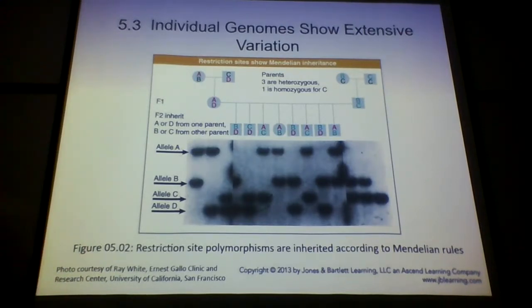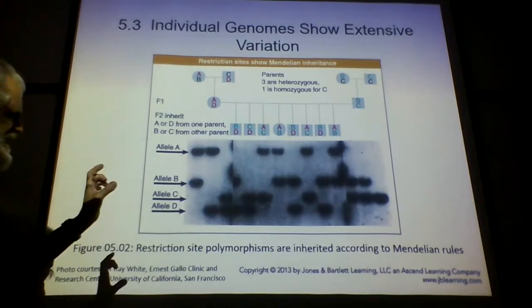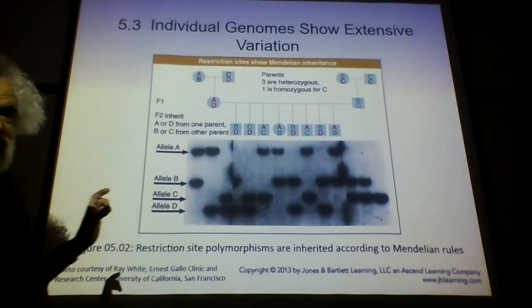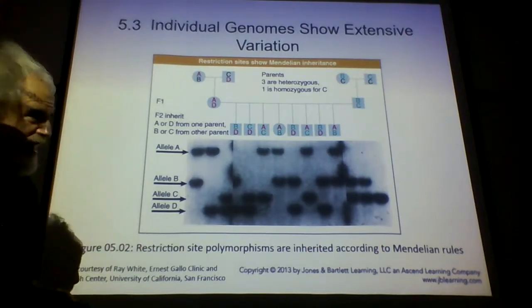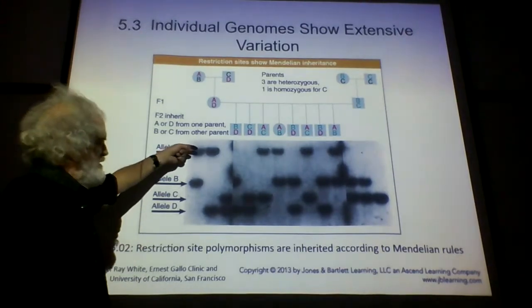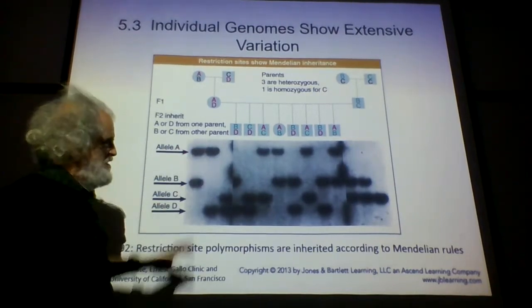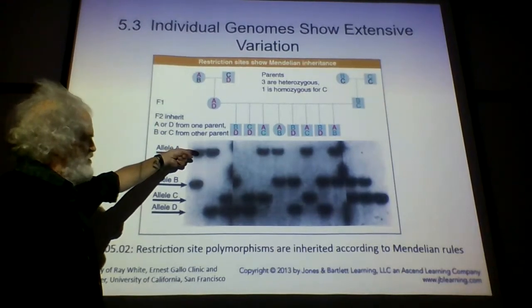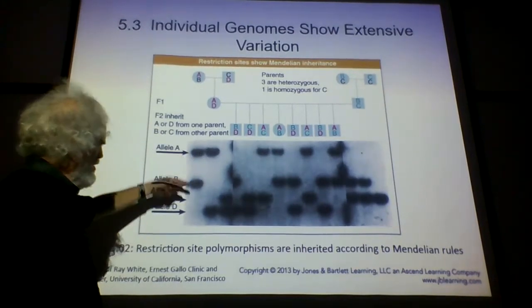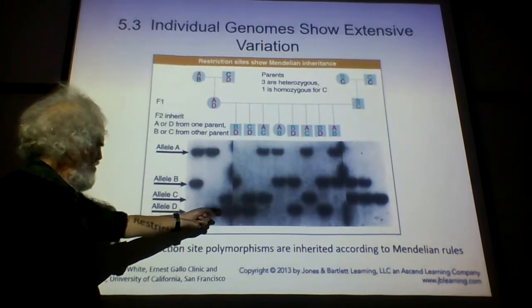This piece of DNA spans a region that has mutations in the restriction sites, and so we end up having DNA fragments that hybridize the probe at different sizes depending on whether the sites are there. So we have this slow-moving, large allele, a smaller allele, and then two more, allele C and allele D.